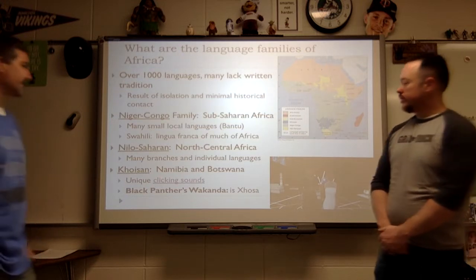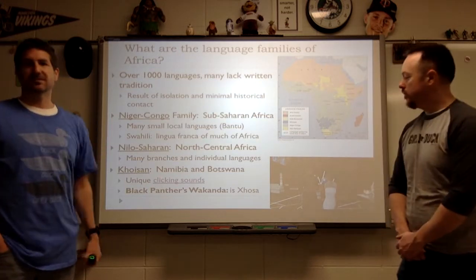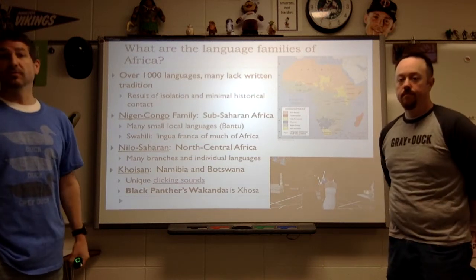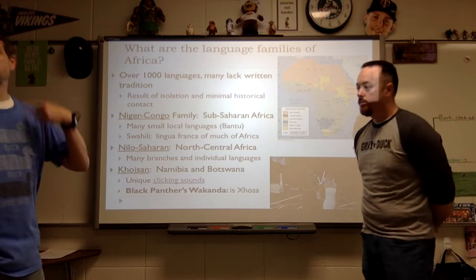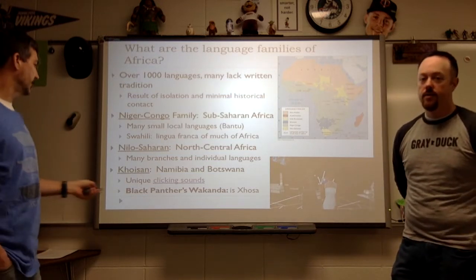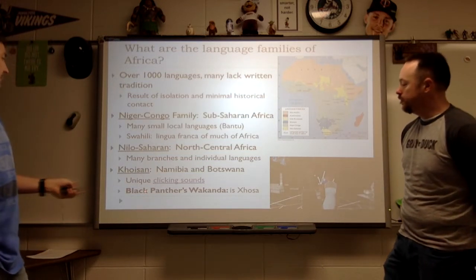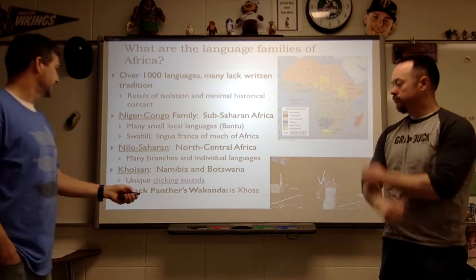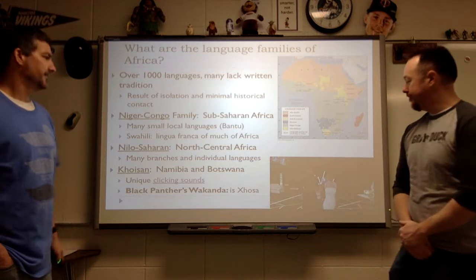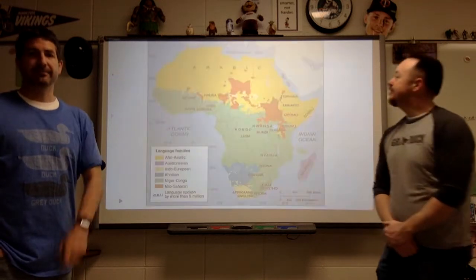If you just type that into YouTube, you'll get plenty of clicks that go with it. They use the tongue click. Extremely unique. Just for a pop culture reference, Black Panther's Wakanda is a branch of that one.